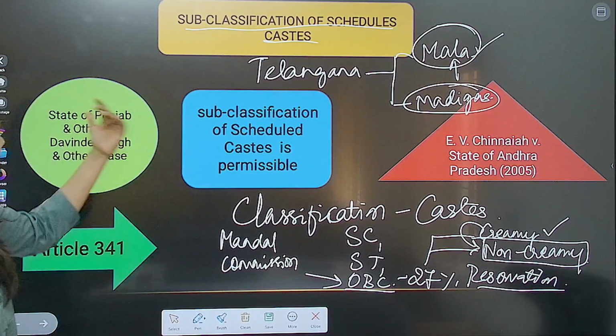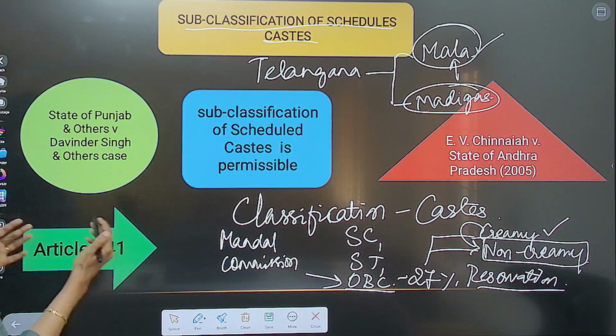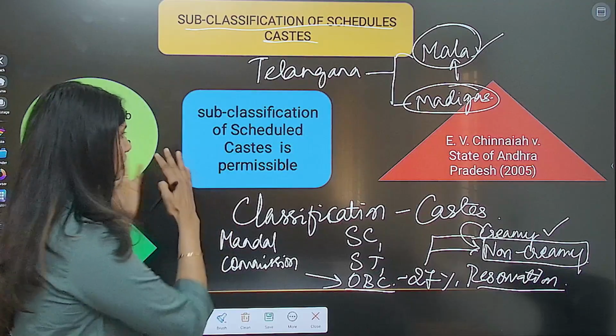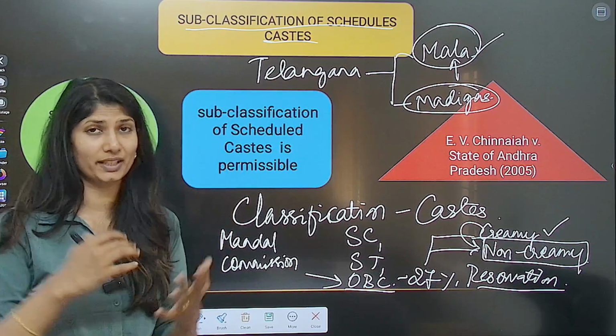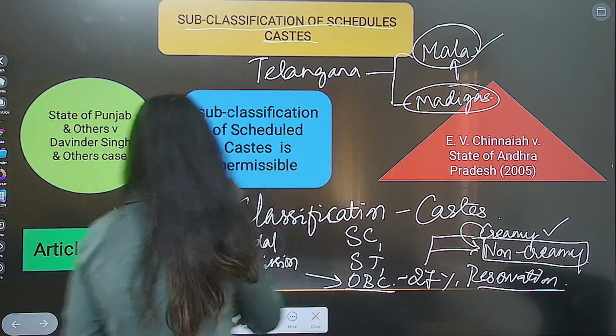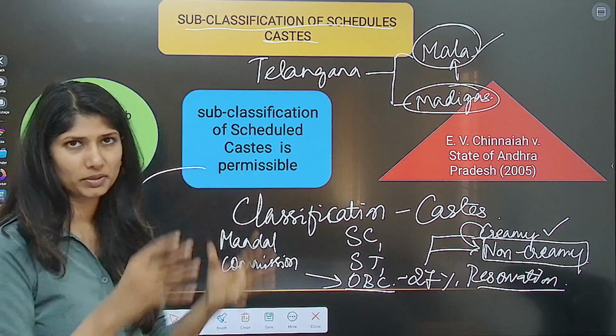So in the State of Punjab and others versus Davinder Singh and other cases, sub-classification of scheduled castes was held permissible, is what at least they went ahead to say. But then the Supreme Court's verdict refers to Article 341, where the President alongside the Governor will publish the list.